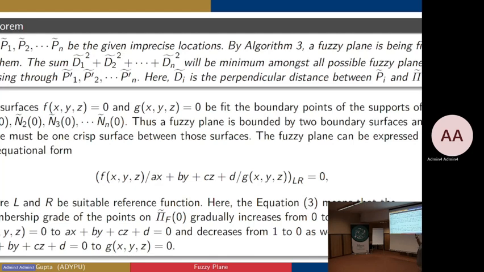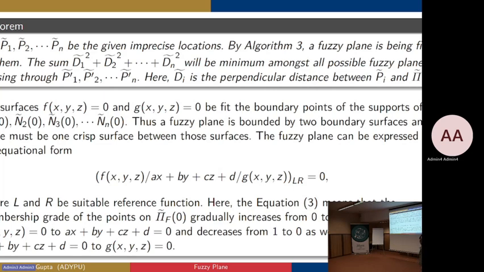Suppose surfaces f(x,y,z) = 0 and g(x,y,z) = 0 fit the boundary points of the support of this fuzzy number. Then the fuzzy plane is bounded by the two boundary surfaces, and there must be one crisp surface between those two surfaces. Then an equational form of the fuzzy plane can be represented by equation number 3.